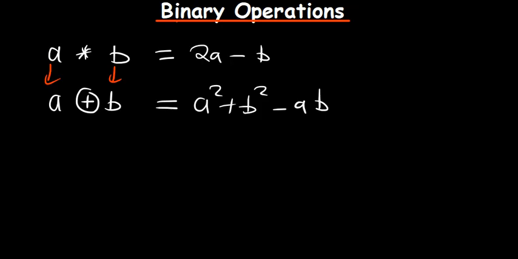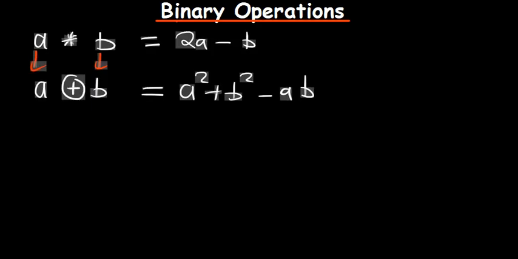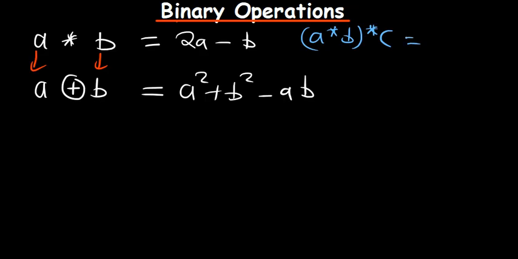So let's try to test for the two we have, to help us understand how we test associativeness. So for A star B we already have it. So of course we are supposed to test if A star B and then star C is going to be equal to A and then star B star C. Does it matter what you really start with?